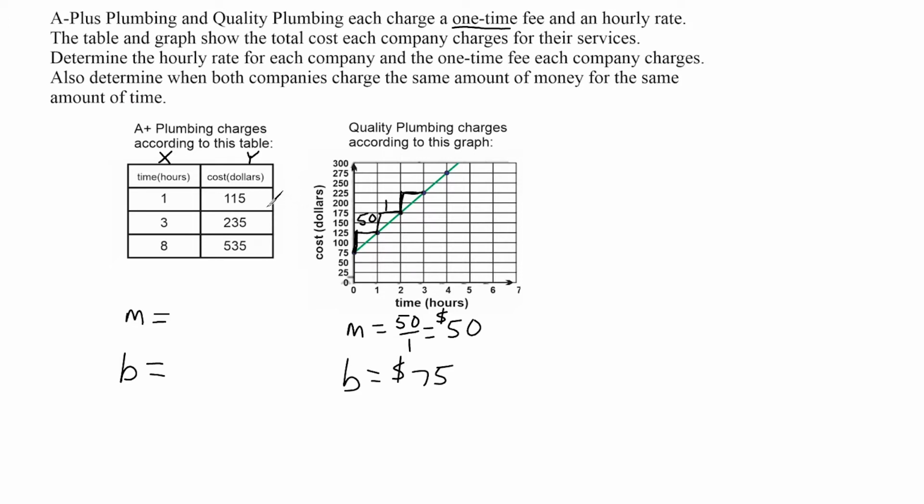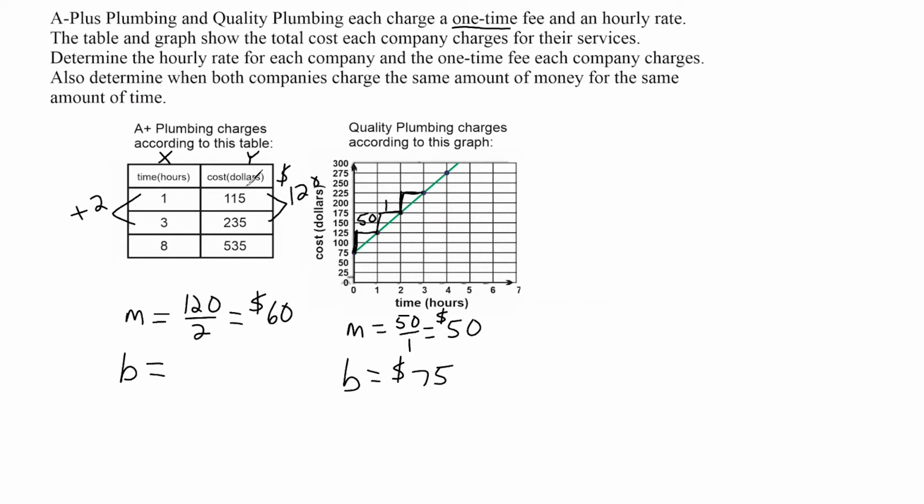So if we take a look at 115 and how it changes to 235, we would say that we had an increase of $120. And the corresponding x values increase by 2. So if we take 120 and divide it by 2, that gives us a rate of $60 per hour.